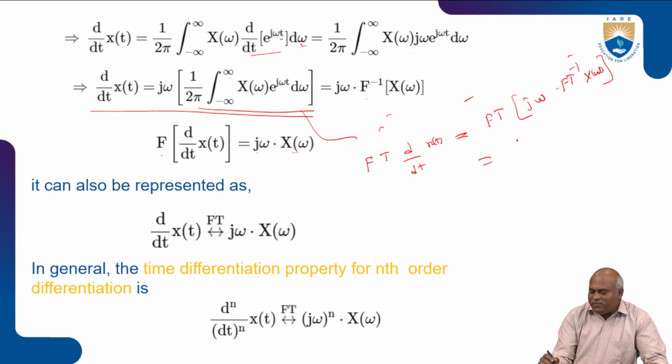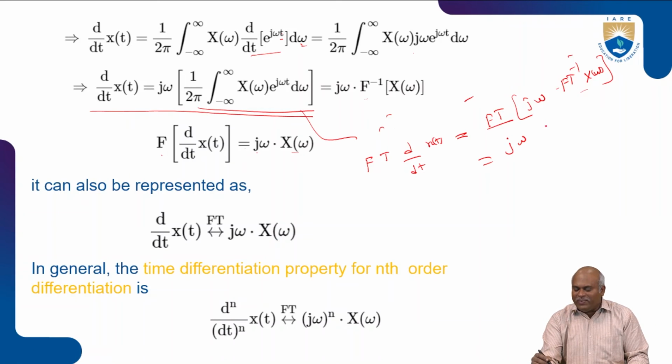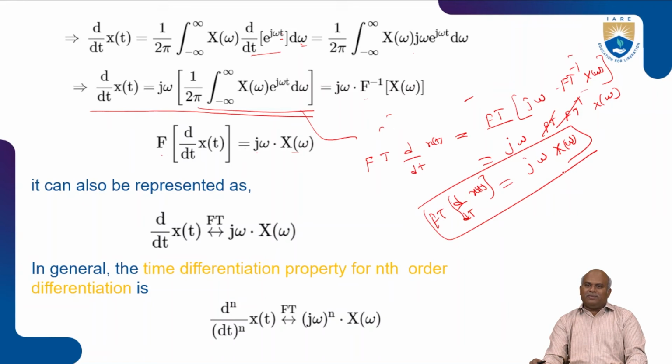Now the Fourier transform of jω we put inside the bracket. The Fourier transform of jω is just jω; there is no change in time or frequency. Then the Fourier transform and inverse Fourier transform of X(ω) cancel because of the inverse. So finally we get jω X(ω). The Fourier transform of d/dt x(t) is equal to jω X(ω).